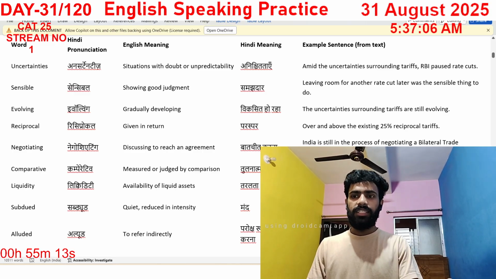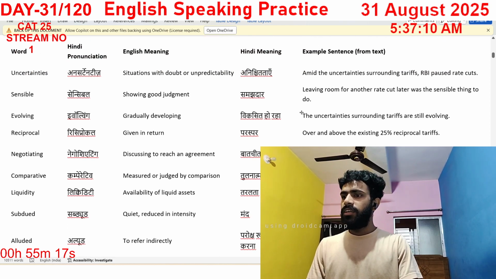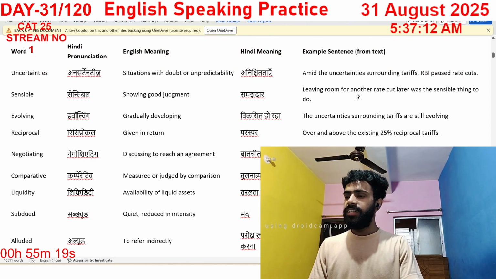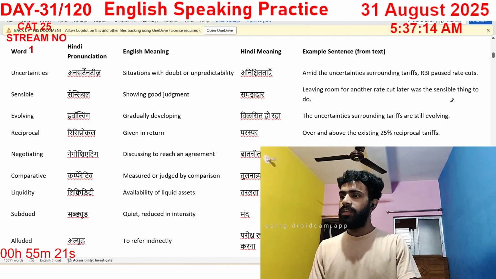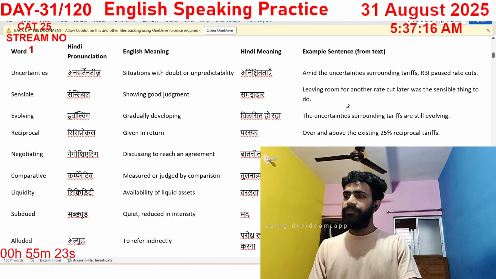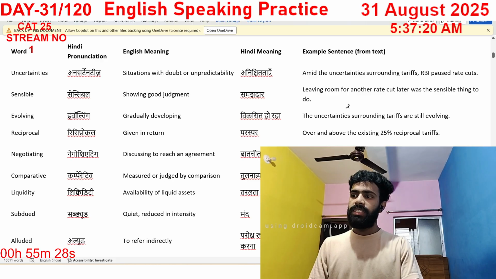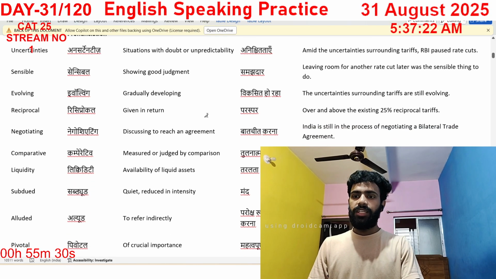Sensible, showing good judgment, समझदार. Leaving room for another rate cut later was the sensible thing to do.